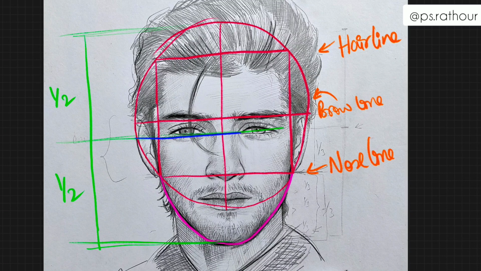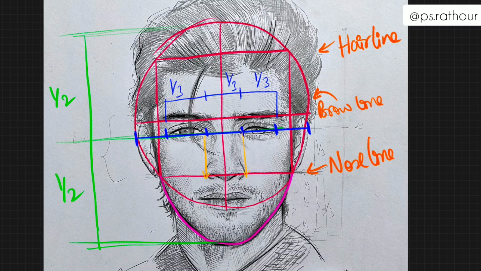The middle line we get is a line for the eyes. Now we divide this line into 5 equal parts, from one end of the ear to the other. You can notice that the distance between two eyes is the length of an eye. Now we will locate the nose.